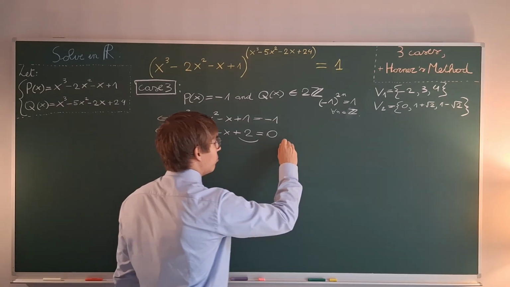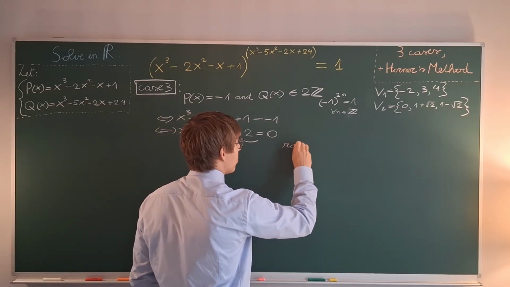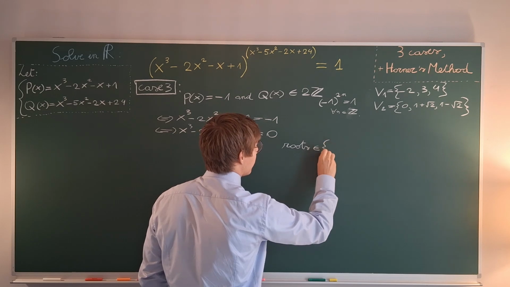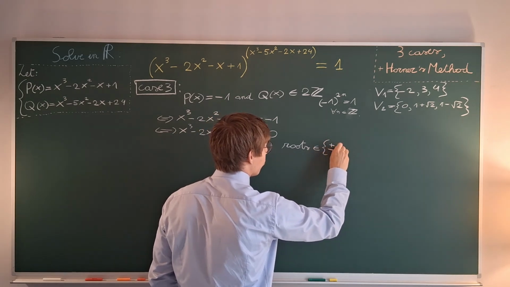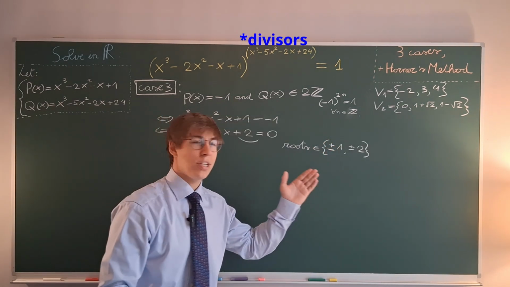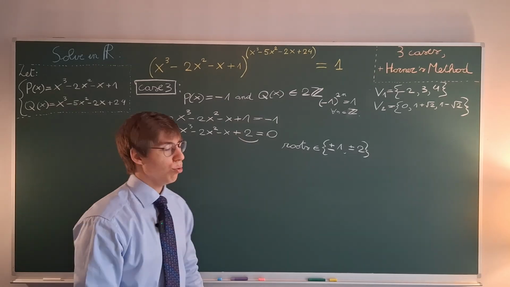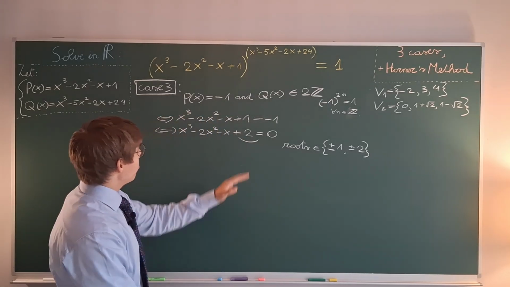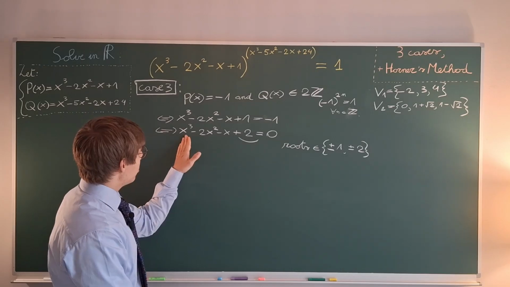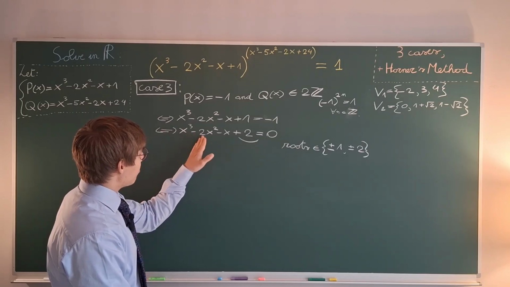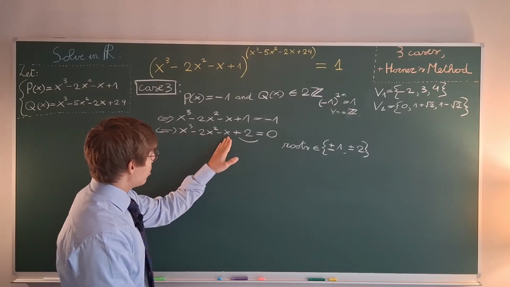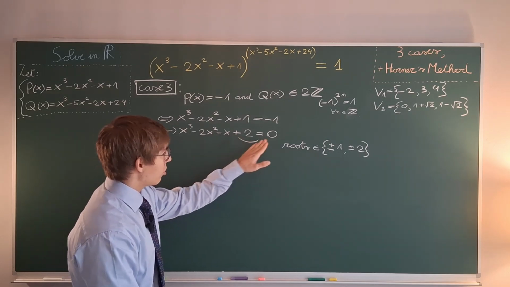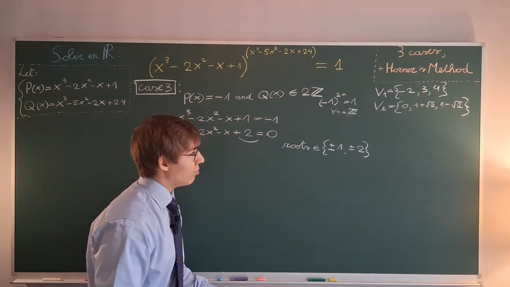So all the possible roots should lie in the set plus or minus 1, since those are the only roots of 2 in Z. So let's test 1, and we get 1 minus 2, which is minus 1, minus 1, which is minus 2, plus 2, so then we get 0. So 1 is a root.